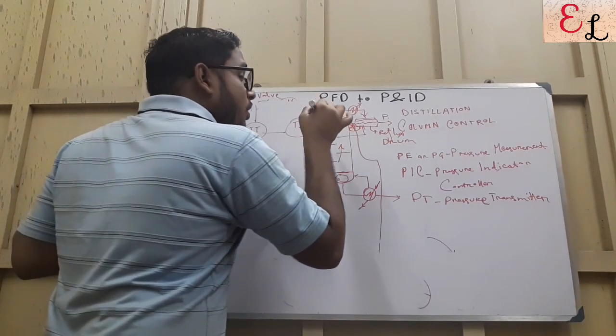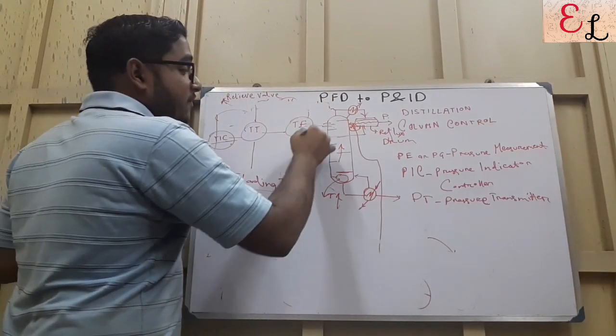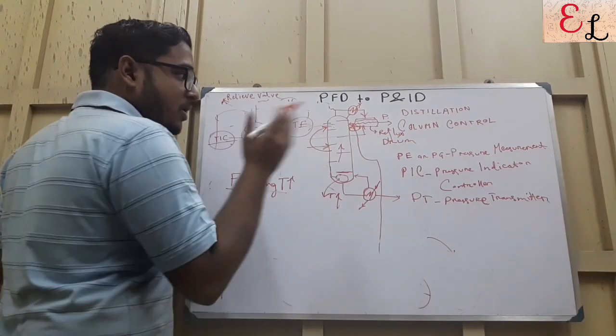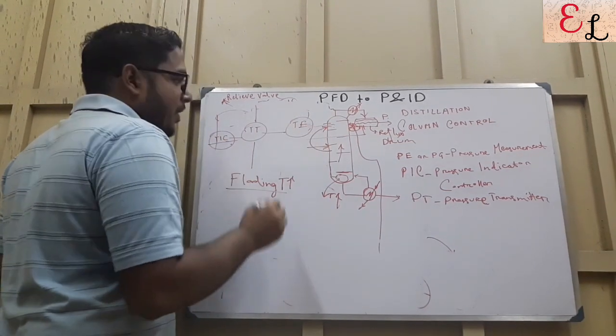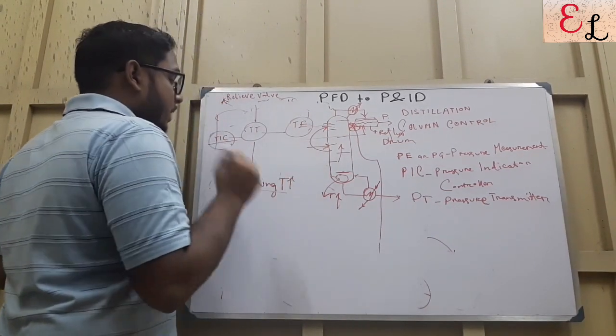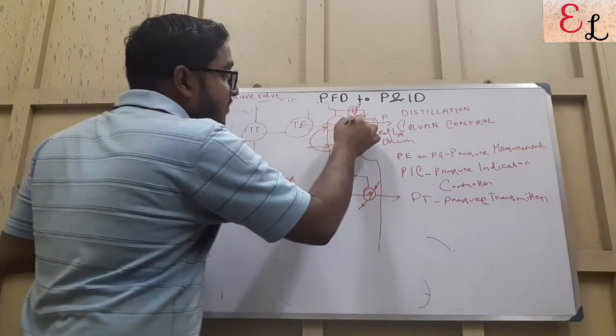To avoid that, you can have a reflux here. There is the pump around reflux. But if you do not have a pump around reflux, what you can do is increase this reflux as well.